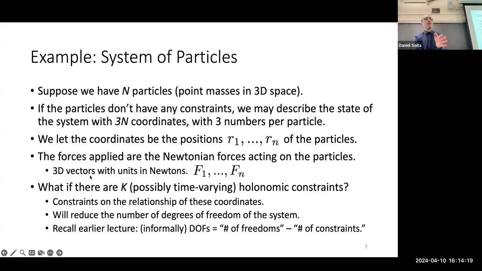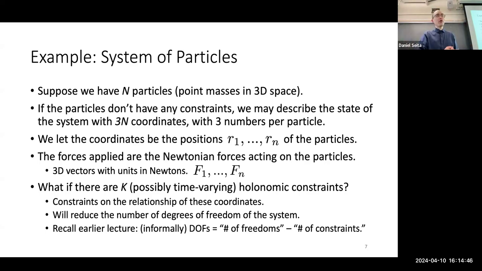Now if there are constraints on the point masses, let's say there are k constraints, and each one says this particle and this particle must be a specific distance from each other. And if they're independent, that means they cannot be described by a combination of other constraints.